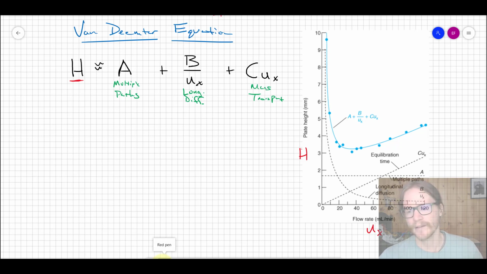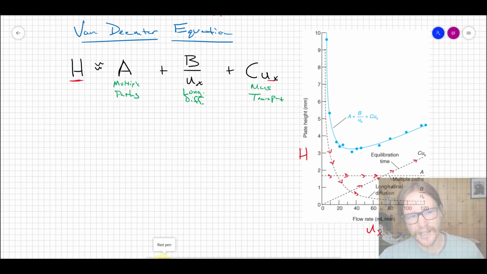And we see 3 plotted lines here, one for each of the individual components A, B, and C. If we look at the multiple paths component A, you can see that it's just a straight line because it's independent of the velocity of the flow, whereas the longitudinal diffusion component decays as 1 over u, so we get this effect, and then finally we have this linear mass transport contribution, so we get this straight line going up as a function of flow rate.